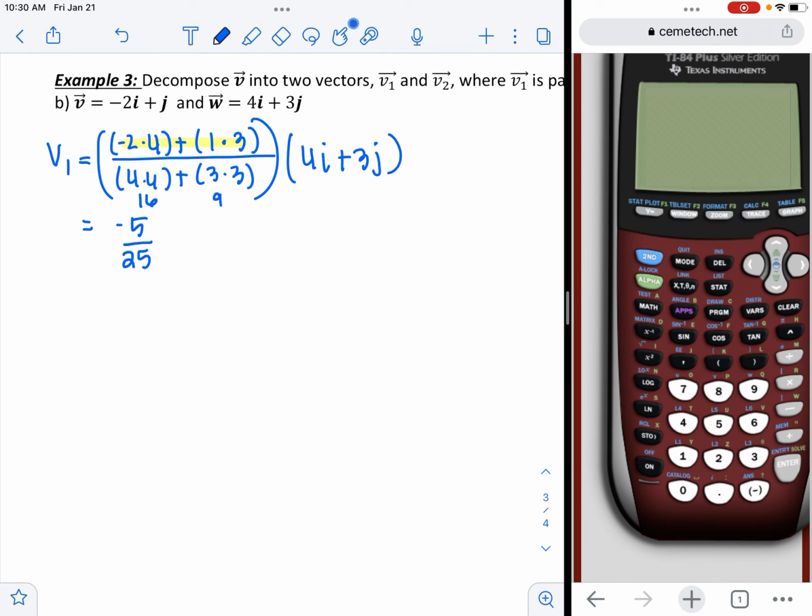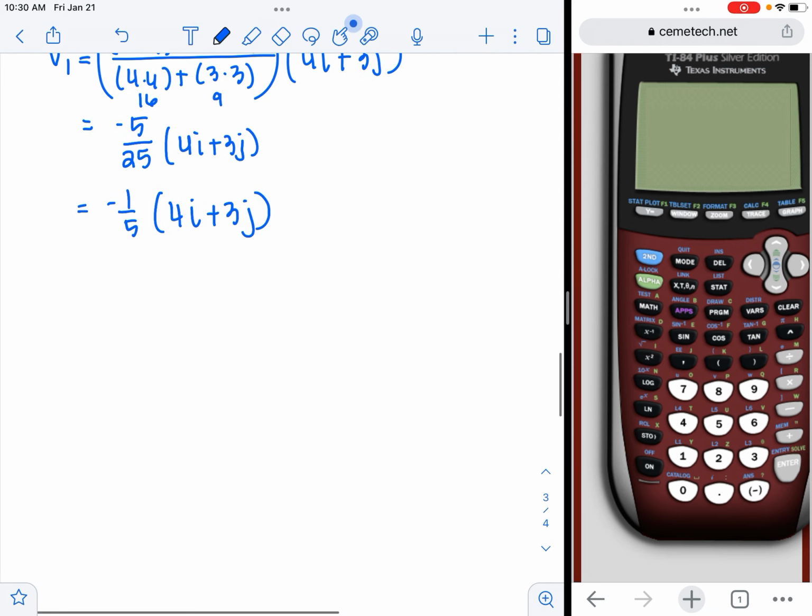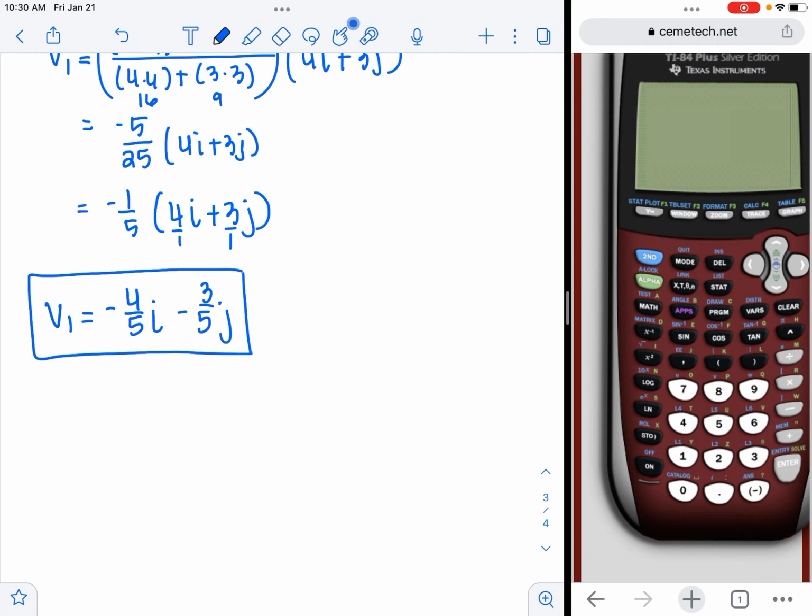So 16 plus 9 is 25. Times 4i plus 3j. -5 over 25 is simplifiable to -1/5 times 4i plus 3j. And then distribute. So v1 equals, remember this is over 1, -4/5 i minus 3/5 j. And there is your vector v1.